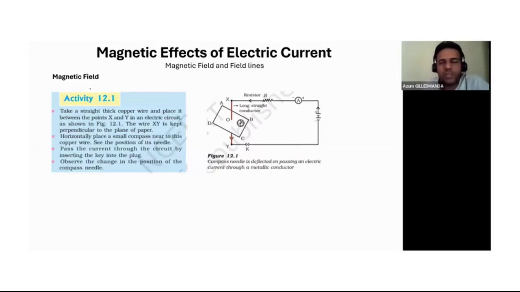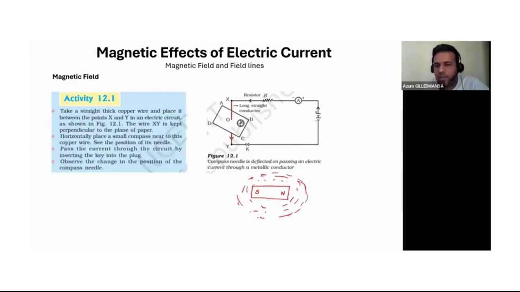So what is a magnetic field? In general, we know what a magnetic field is. If we have a bar magnet, which has the poles south and north, surrounding this we will see some force.